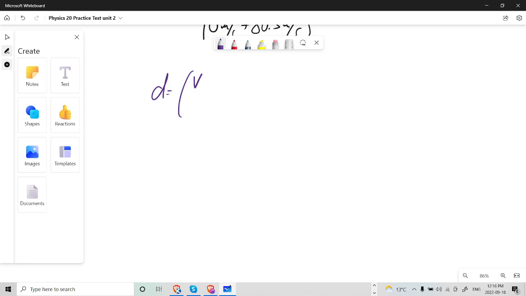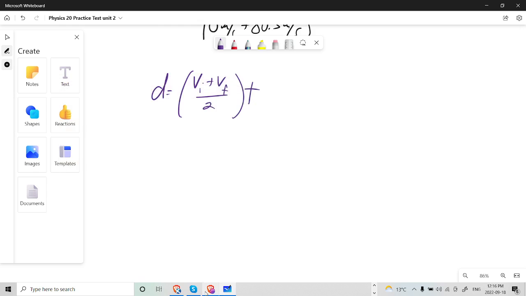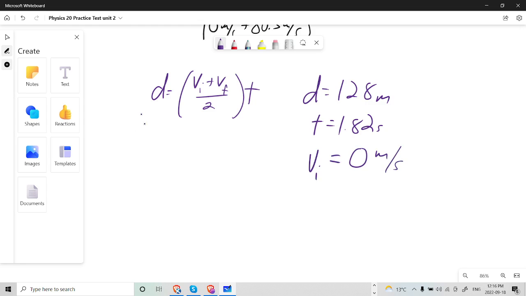Okay, so VI plus VF over 2 times T. So we know our displacement is 128 meters. Our time is 1.82 seconds. And our VI, because we're coming from launch, will be 0. So we need to solve for VF.